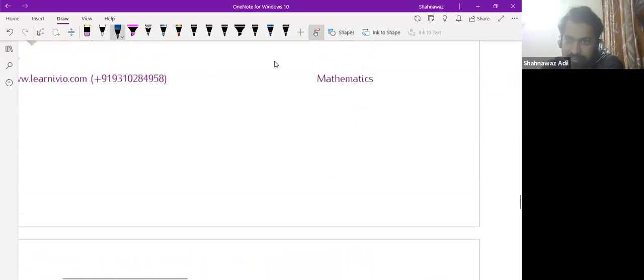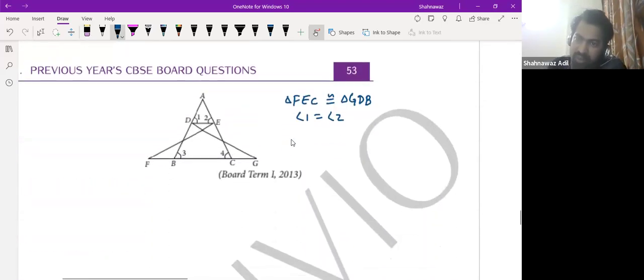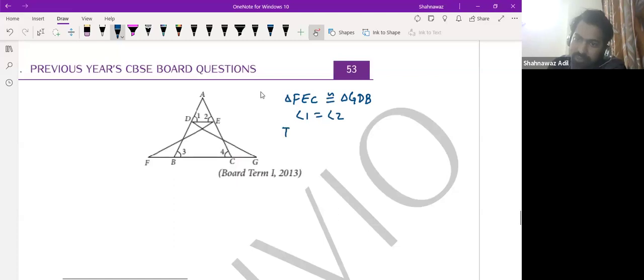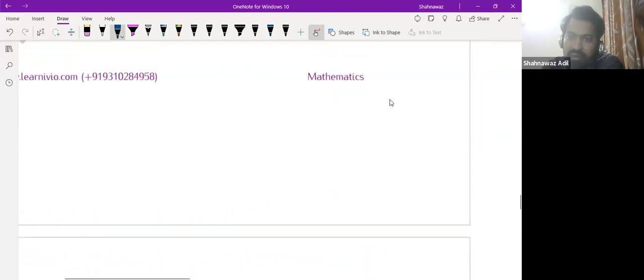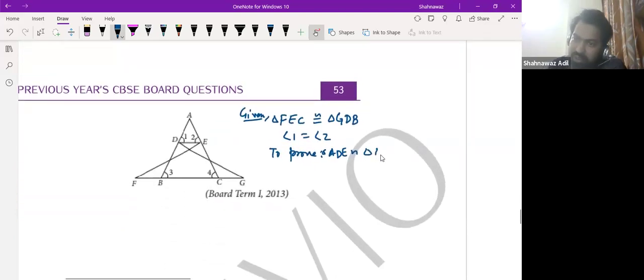And you have to prove triangle ADE is similar to triangle ABC. So this is the thing that you guys have to do. Please do this problem.